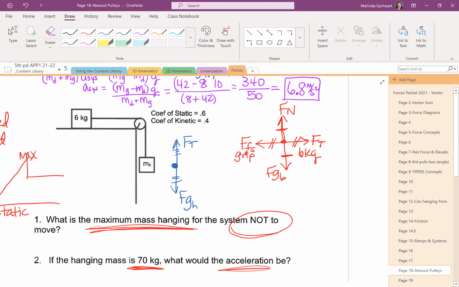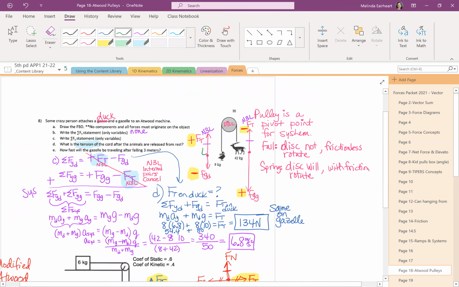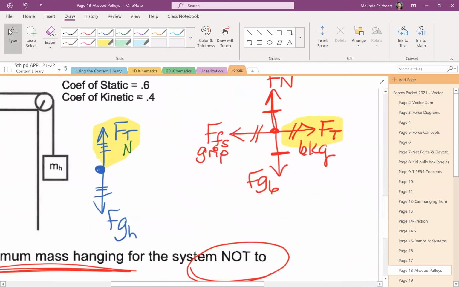What forces would be the tension that they're pulling on each other? And so the tension that we just identified, it's going to be equal and opposite to the tension on the other side. And so it's a Newton third law pair.